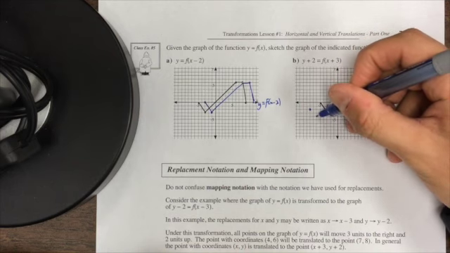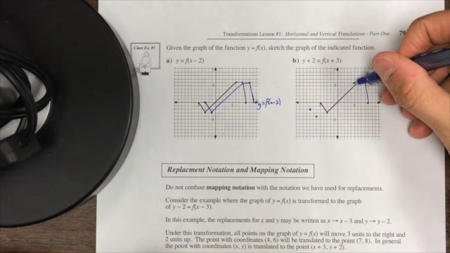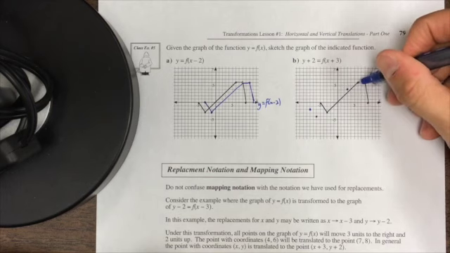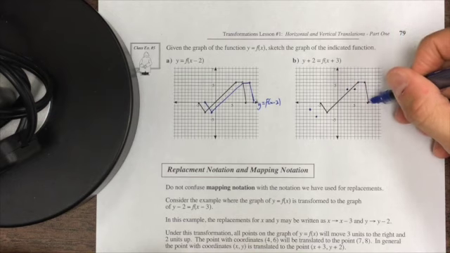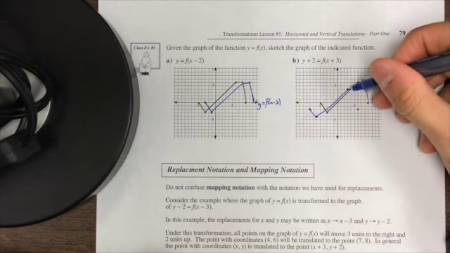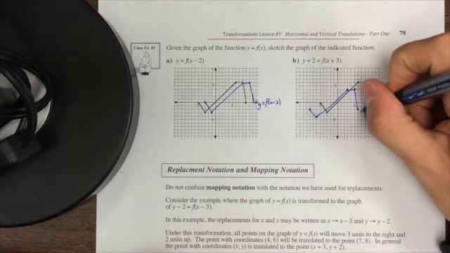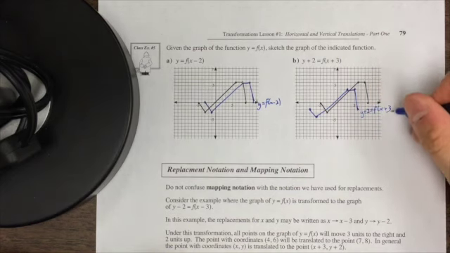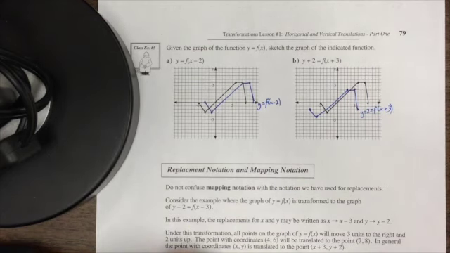Again, 1, 2, 3, down 2, for each corner. So the new line is going to look something like this. And this is y plus 2 is equal to f of x plus 3. And remember, this is going to be written as y is equal to f of x plus 3 minus 2.